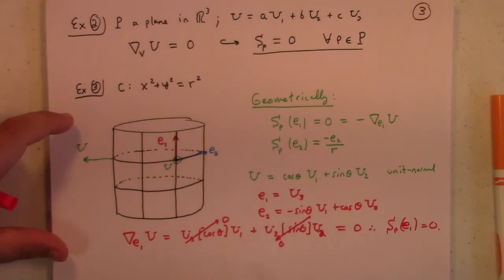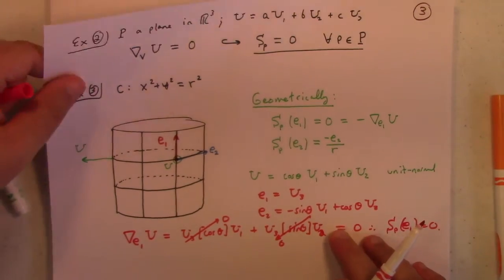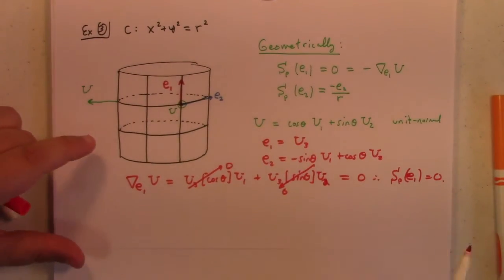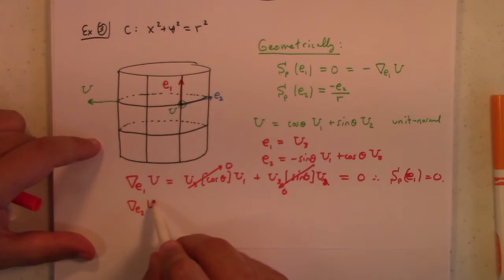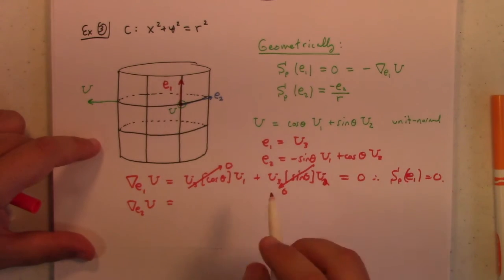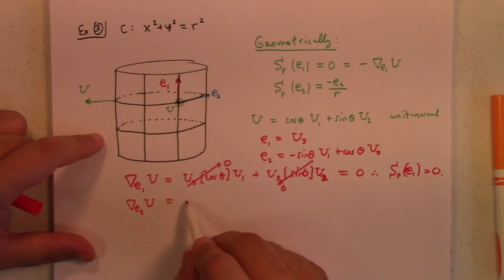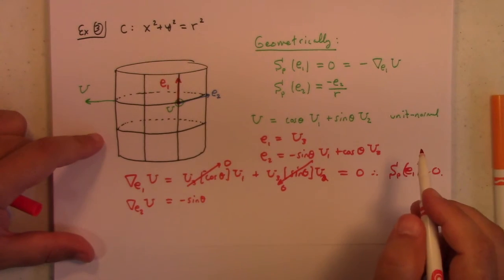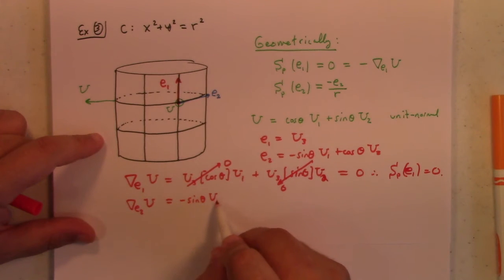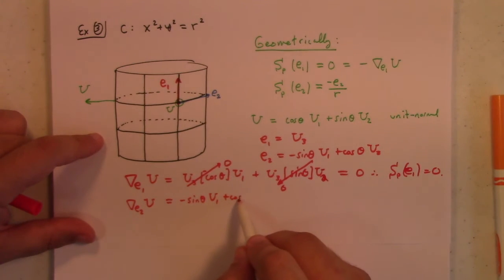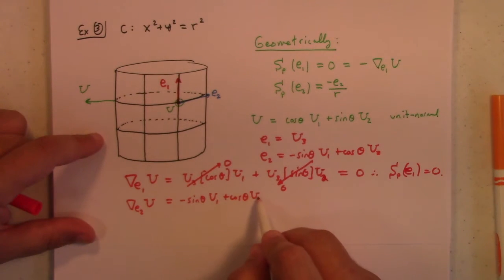On the other hand, the covariant derivative in the E2 direction acting on U would give me what? Well, E2 is minus sine theta U1 plus cosine theta U2.